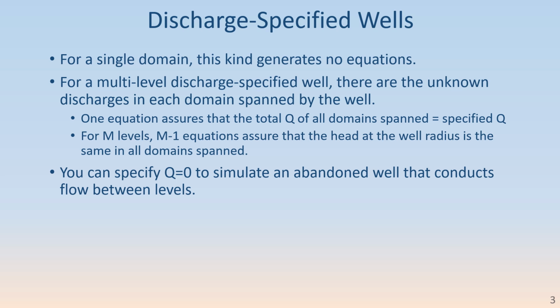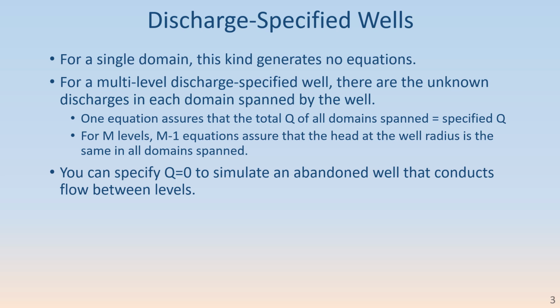The sum total of the discharges coming to the well in all 3 levels or 3 domains has to sum up to the specified discharge. So that's one equation. And then the other constraint is that you want the head at the well radius to be the same in all the domains spanned. And if you have m levels spanned, that means m minus 1 equations. So you end up in total with m equations for m levels spanned.